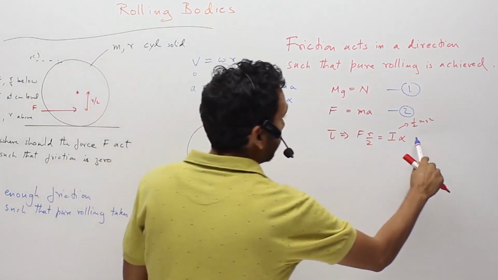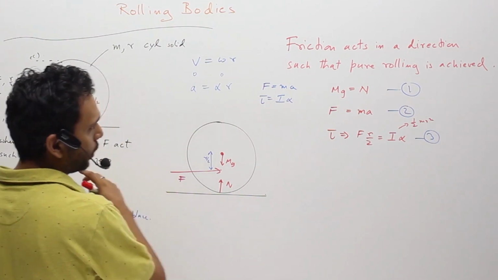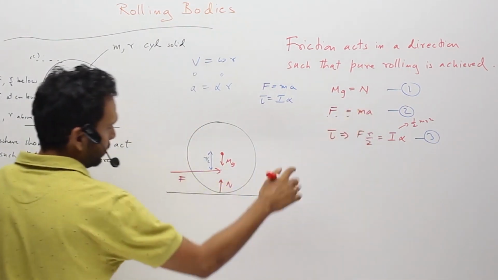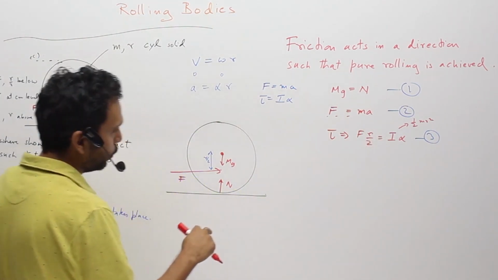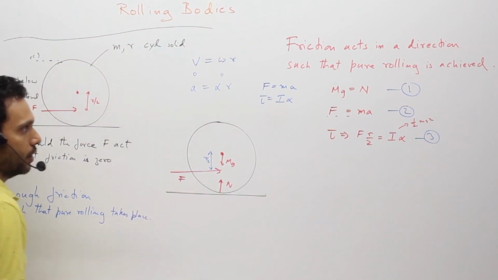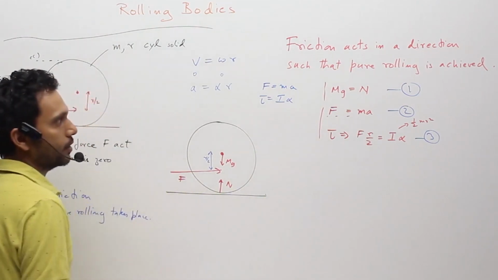That's your equation number 3. These kind of equations you will be making for each case, but obviously these equations will change with the new force added, which is friction, either forward or backward.